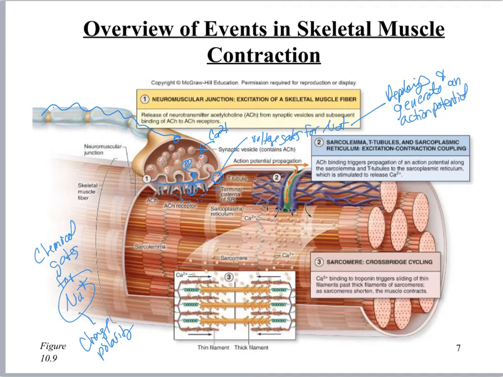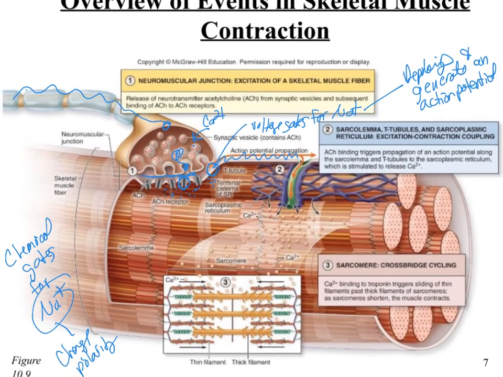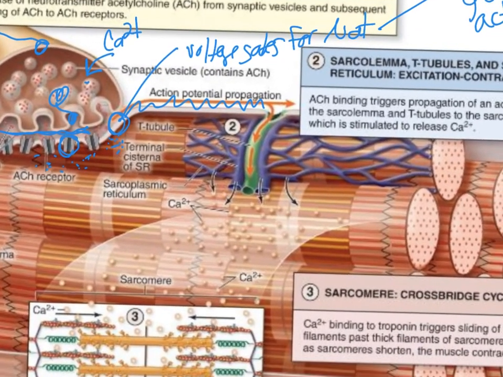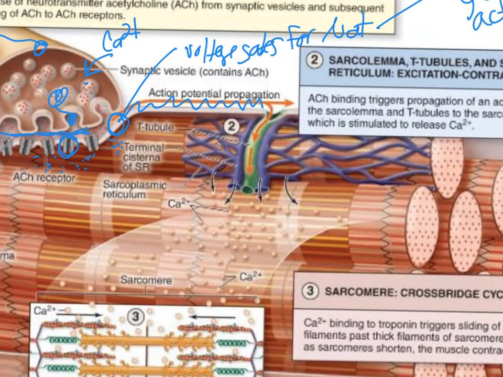Okay? So now I've got an action potential running along here. Let's zoom this in. Whoops, I need this button. It's going to run down the T-tubule in green.